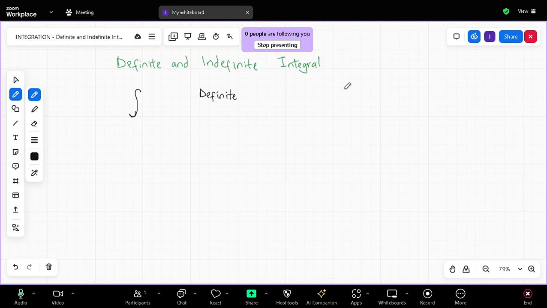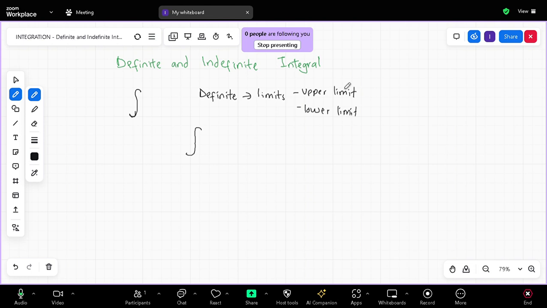In the definite integral, this is the integral that has got limits, which are the upper limit and the lower limit. For example, we can be asked to integrate the following.